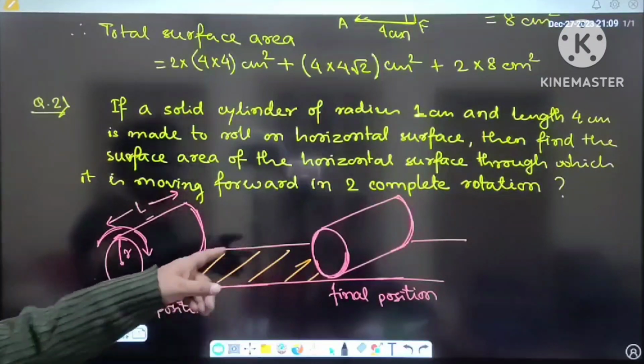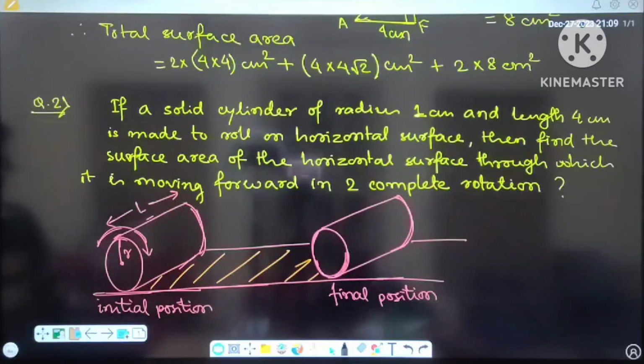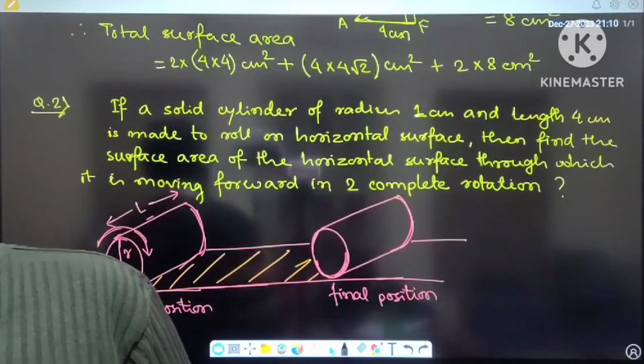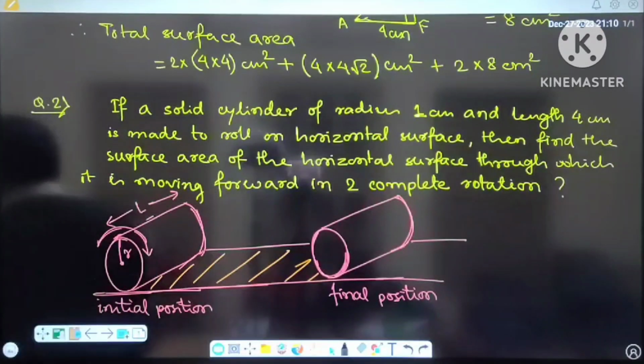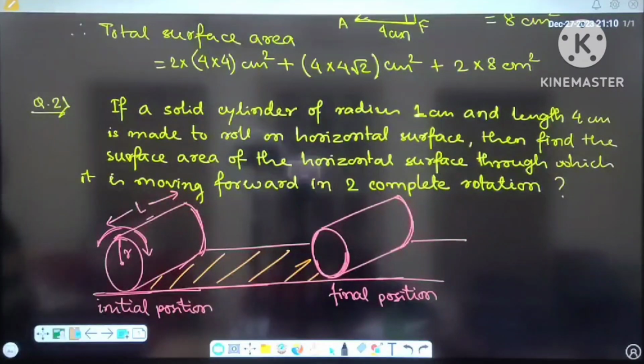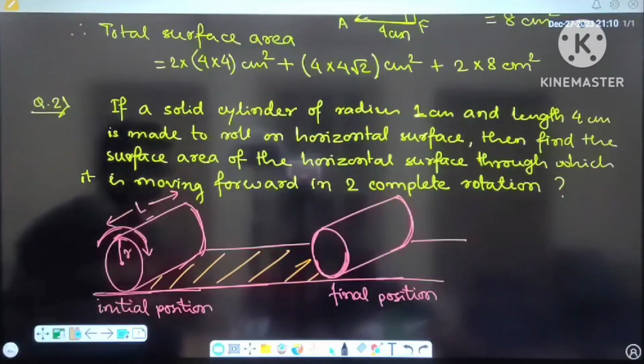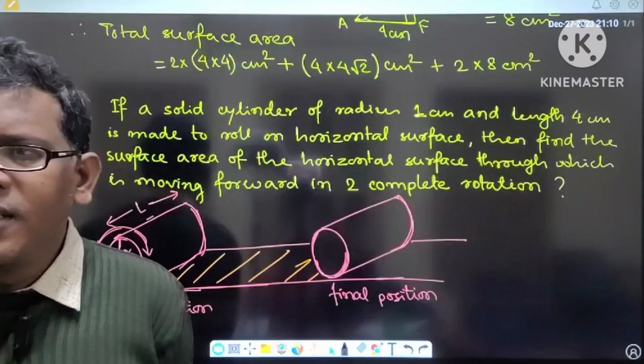I want to know about this area. At least with my drawing you can understand what kind of area the cylinder is moving through on the horizontal surface. Isn't it an interesting question?